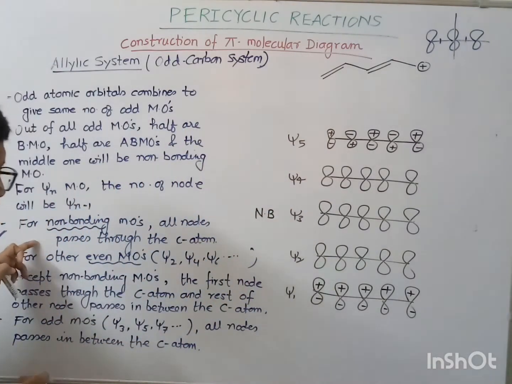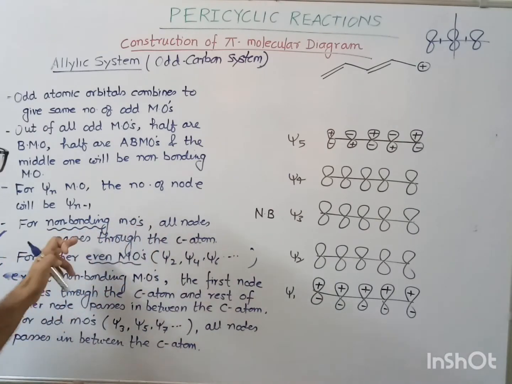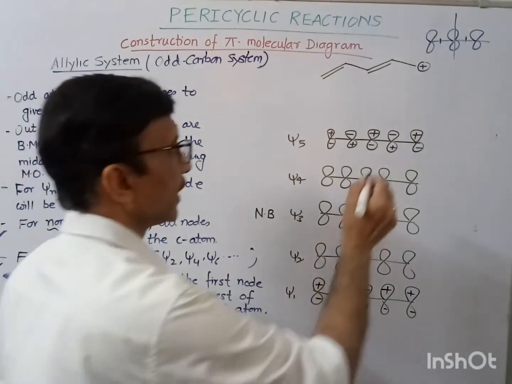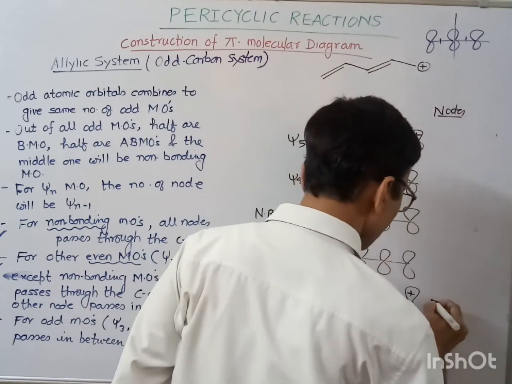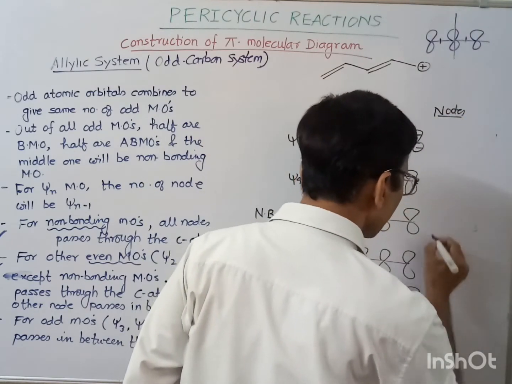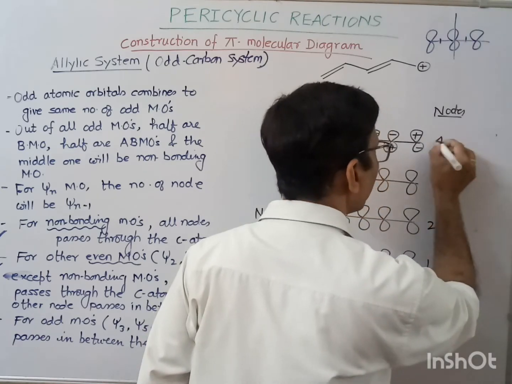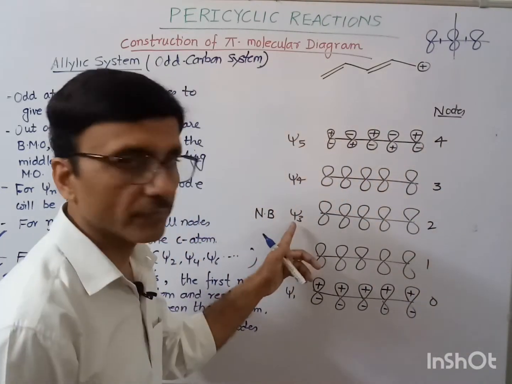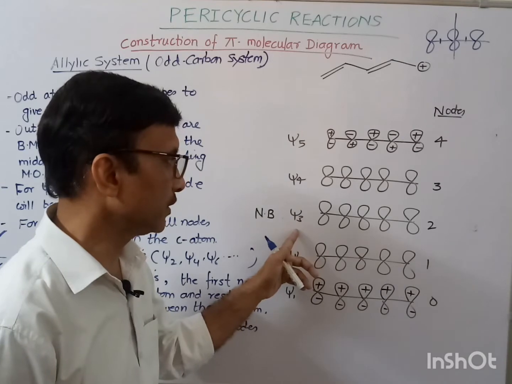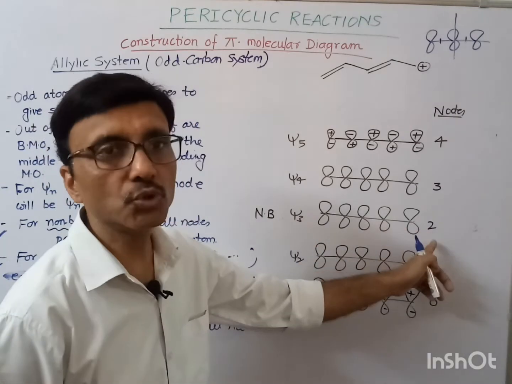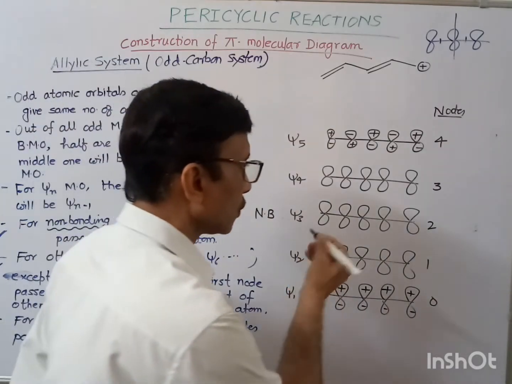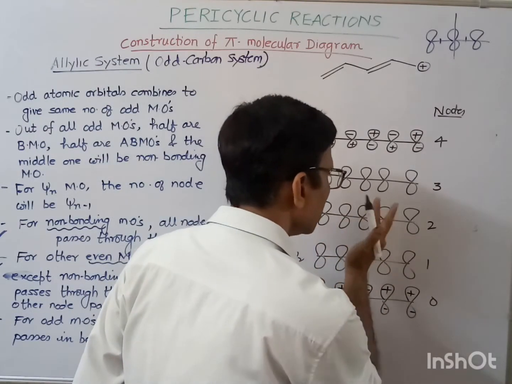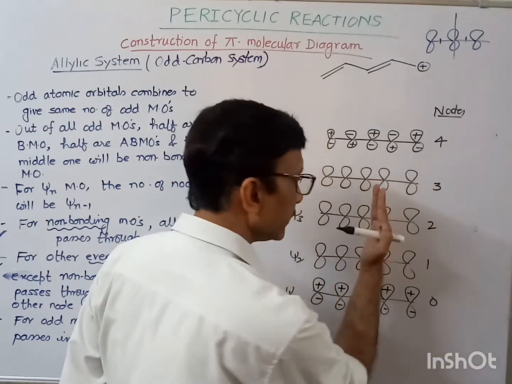So what is the rule for non-bonding orbital? All nodes pass through the carbon atom, and if you will see the number of nodes here is 0, 1, 2, 3, 4. So for the third, which is the non-bonding molecular orbital, the number of nodes is 2, and this should pass through the carbon atom. So the only possibility, if you will see, it cannot pass in the middle.